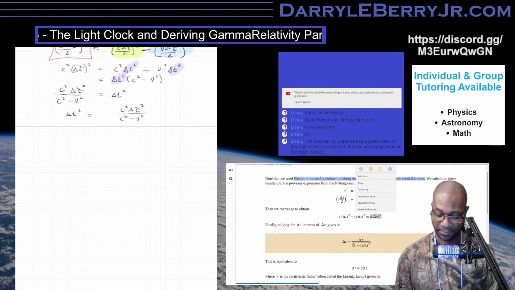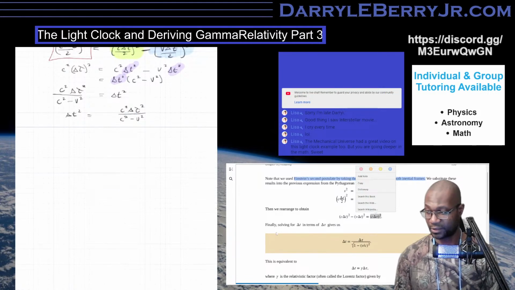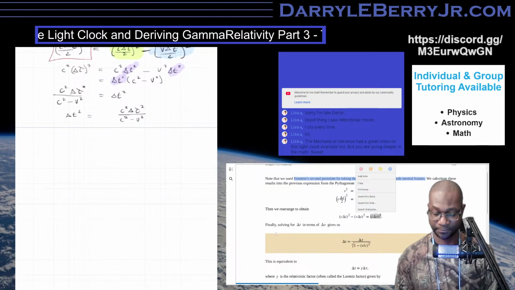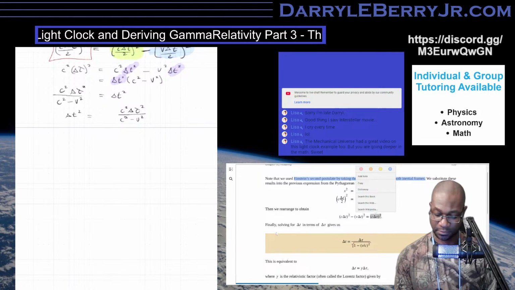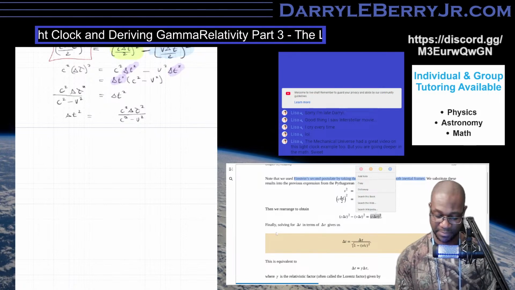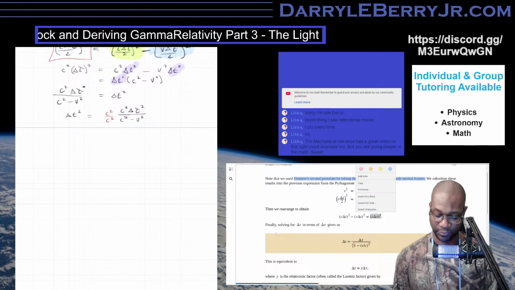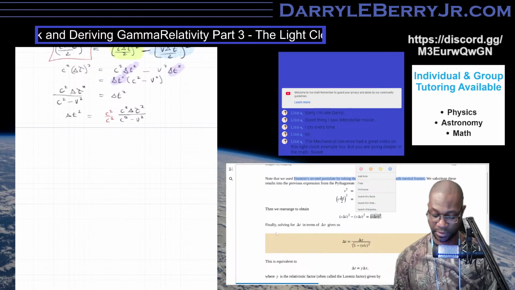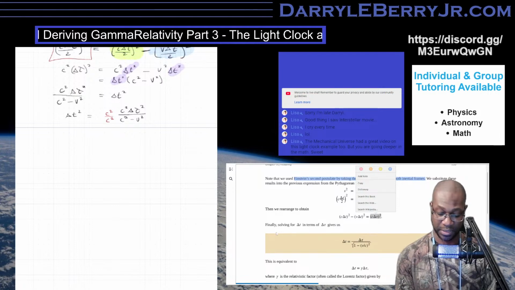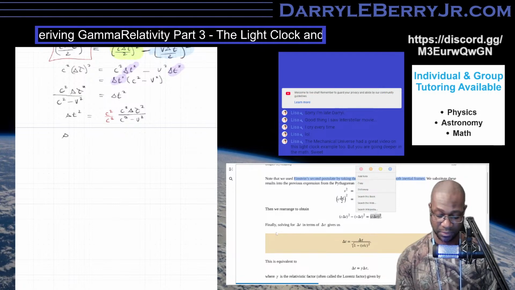And the interesting thing about math is you can always multiply everything by 1. So what I'll do is multiply by c squared over c squared. And if I multiply by c squared over c squared, I can distribute this c squared over c squared however I like. So I'll go change in t squared equals, and I'll color code this so it's clear what I'm doing.